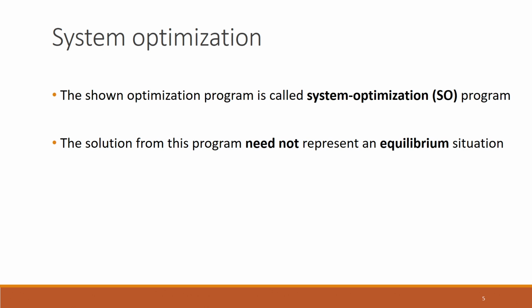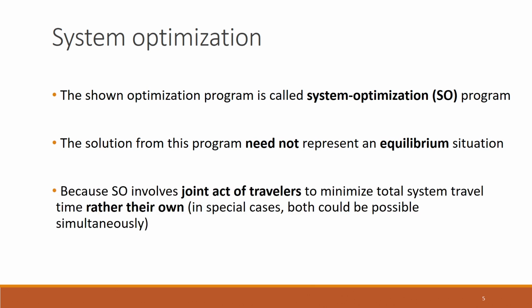Note that the solution from this program need not represent an equilibrium solution. The solution of this need not be the same as the solution of the user equilibrium problem. Why is that? Because system optimization involves a joint act of travelers to minimize the total system travel time rather than their own. In user equilibrium, we assume that all the travelers are minimizing their own travel time, but this need not be the case in the system optimization solution.